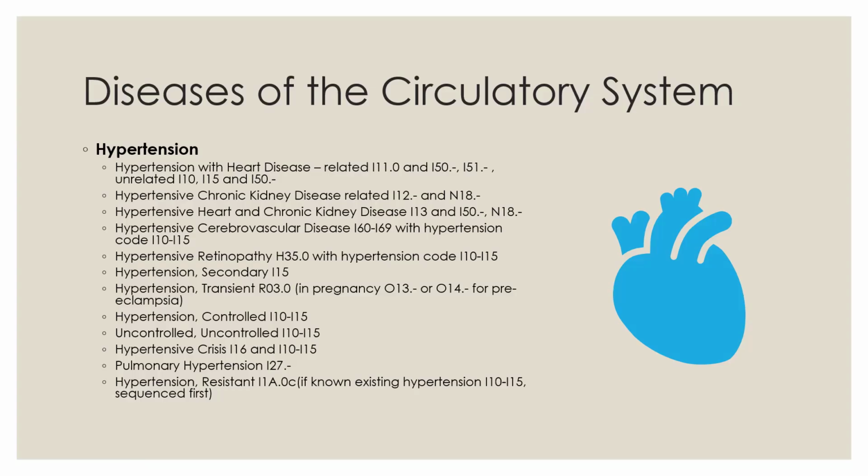This is in the alphabetic index. These conditions should be coded as related even in the absence of provider documentation explicitly linking them, unless the documentation clearly states the conditions are unrelated.